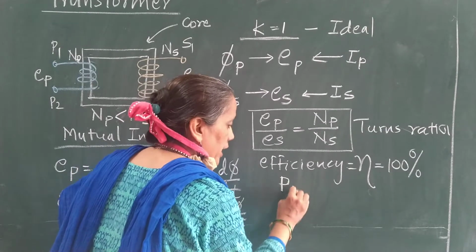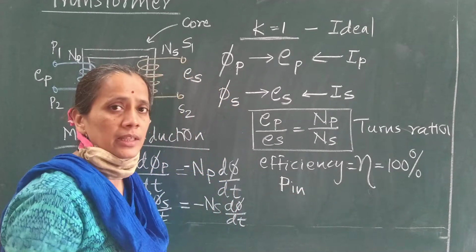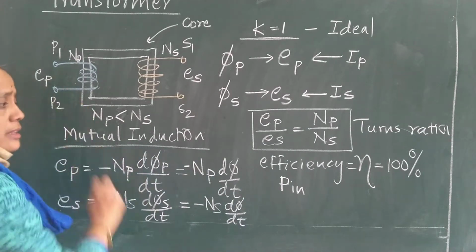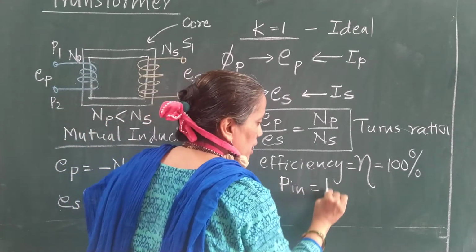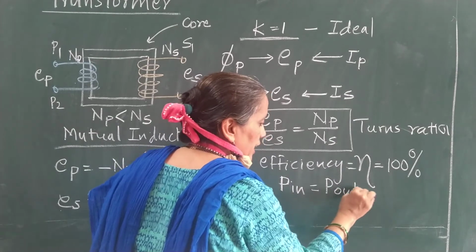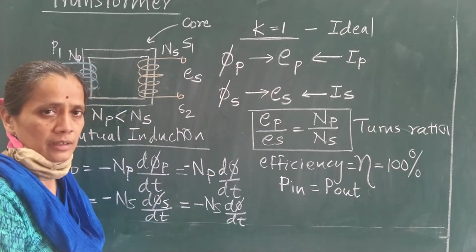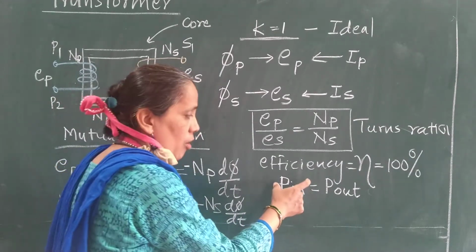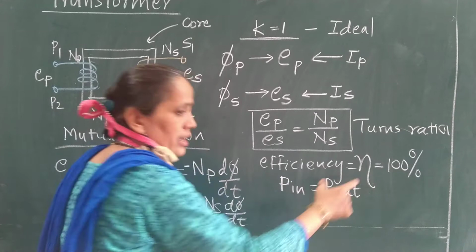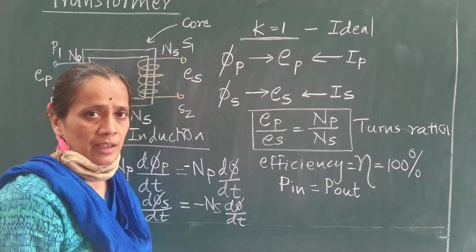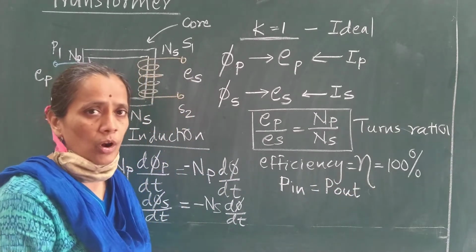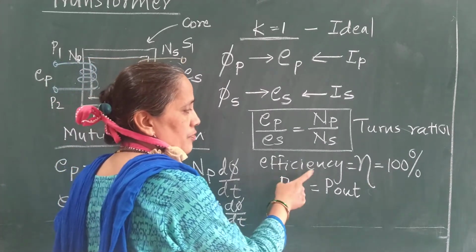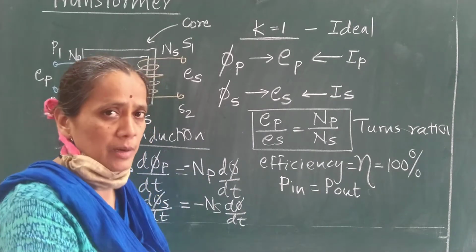The power introduced in the input circuit, here the input circuit means the primary coil, must be equal to the power in the secondary coil, that is the output circuit. Whatever power is generated in the primary, all of it is transferred across the secondary, which means there is no loss of power. And whenever there is no loss of power, I can say that the efficiency of the transformer is 100%.